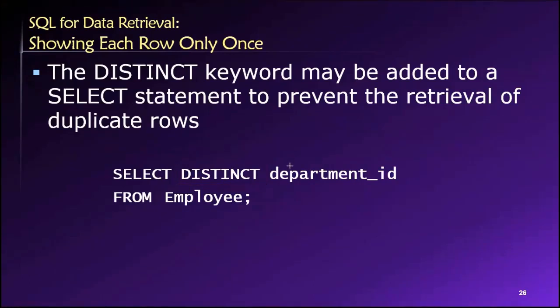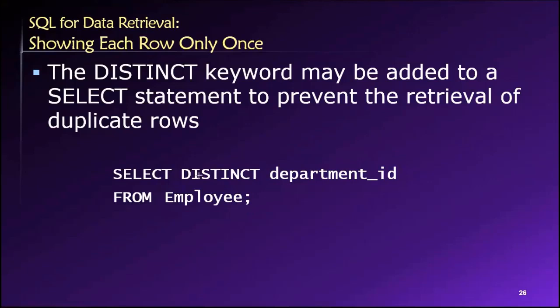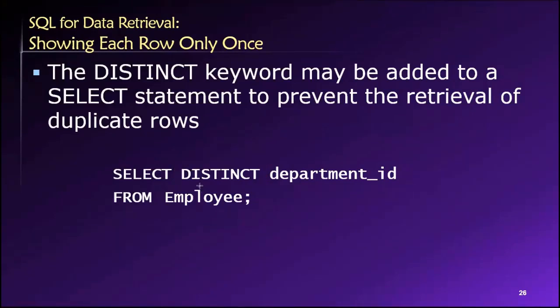So if I want just a unique set of department IDs that appear in the employee table, I can do that by including the distinct keyword in front of the column for which I want unique values to be returned. Without this, I might get some duplicates in my results.